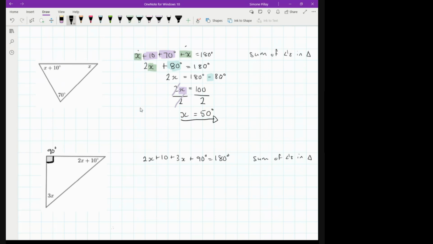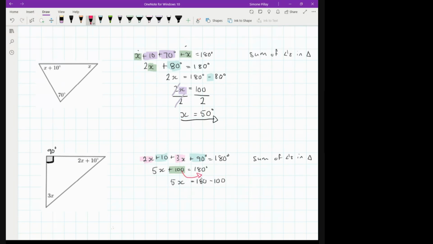5x plus 100 is equal to 180. 5x is equal to 180 minus 100. 5x is equal to 80. Now you divide by 5 on each side. I'm taking my calculator, but my calculator doesn't want to work.